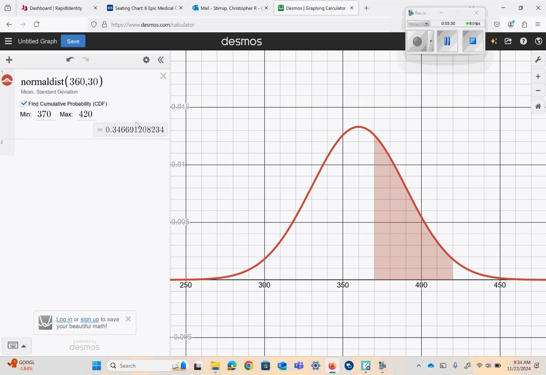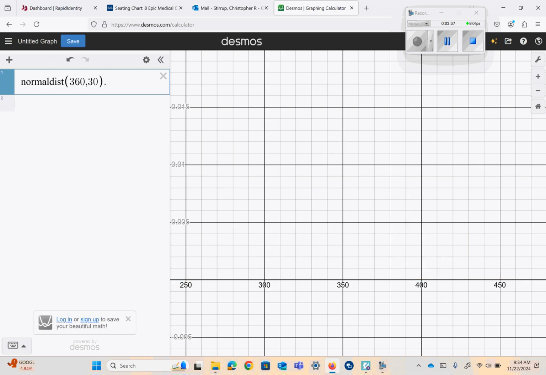So we have to do one step further on Desmos. So I put a period. My graph goes away. Oh no. And then you go inverse CDF, parentheses.